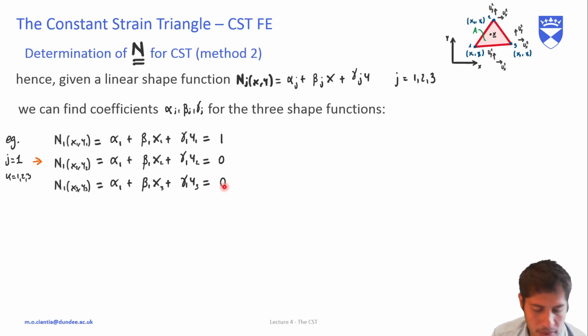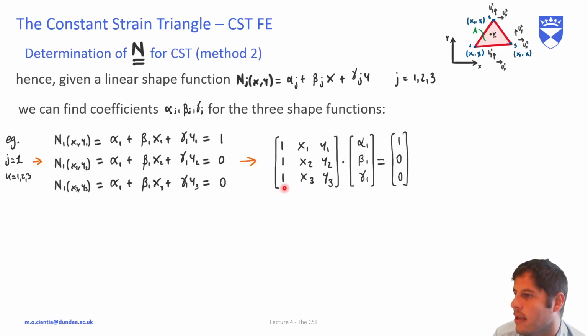So this means that we can write this in matrix form by grouping alpha 1, beta 1, and gamma 1. So this means that alpha 1 plus x1 beta 1 plus y1 gamma 1 is equal to 1. Then we have alpha 1 plus x2 times beta 1 plus y2 times gamma 1 is equal to 0, and so on.